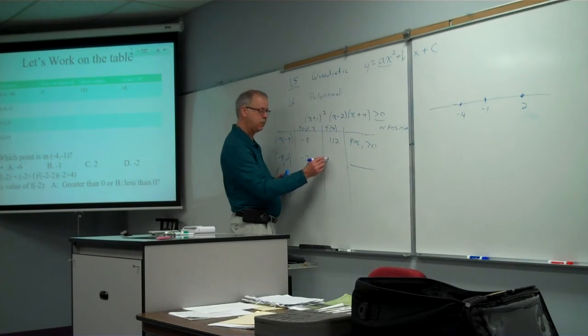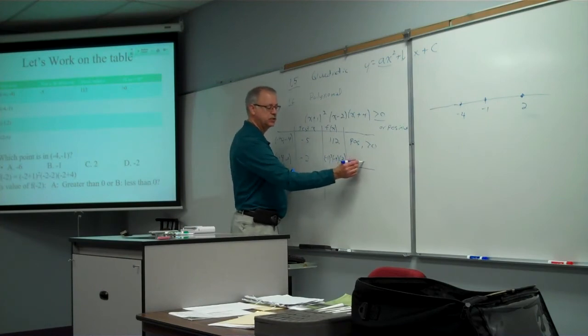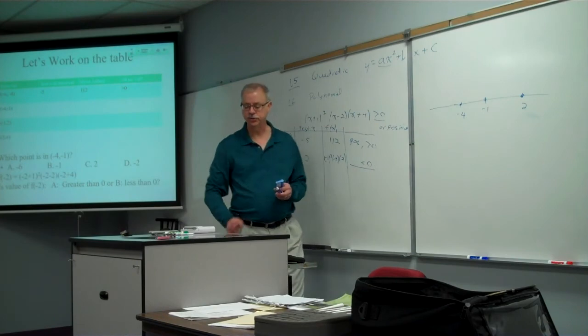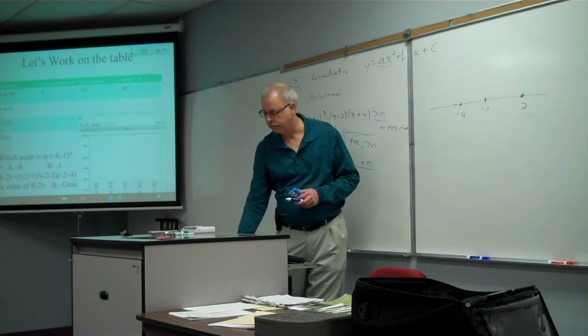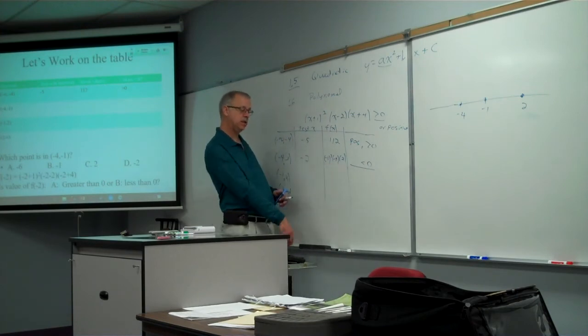At, let's see, -1 squared times -4 times 2, positive, negative, positive. This is actually going to be negative, less than 0. So we have to watch our signs carefully. The exact value, I believe, is -8.